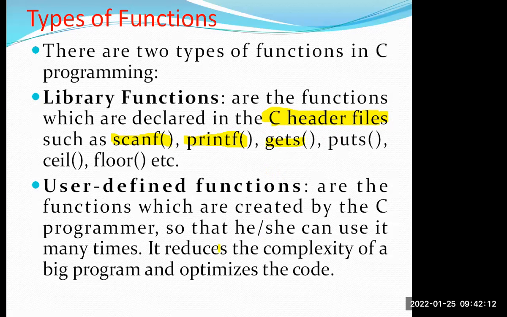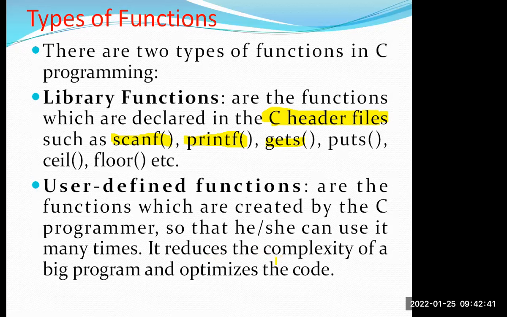Next is the user-defined function. For a user-defined function, the user has to define that function whenever we need it, and then we can simply call it. These are functions created by the C programmer who is writing the program. They can create their own functions so that he or she can use them as many times as needed. It reduces the complexity of a big program and optimizes the code.